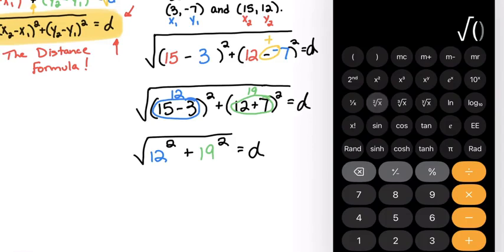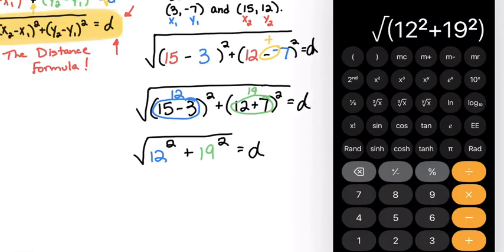So let's try it. Let's do square root of, and then I need to make sure this entire thing makes it into the parentheses. So 12 squared, you'll notice I've got parentheses there, plus 19 squared. I'm going to close the parentheses. The whole thing in parentheses means the whole thing is going to be inside of the square root.